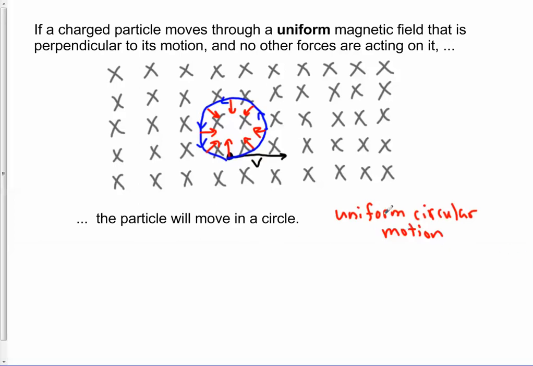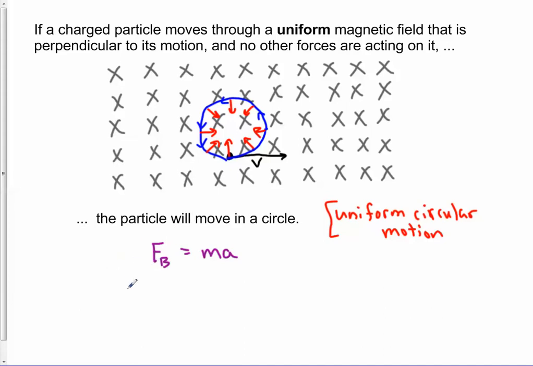Now we can go further with this, because we know a little bit about uniform circular motion from first semester. So if we write down Newton's second law, that force equals ma, and of course net force equals ma, but we're going to assume that the magnetic force is the only force acting on this particle, so it's just Fb.